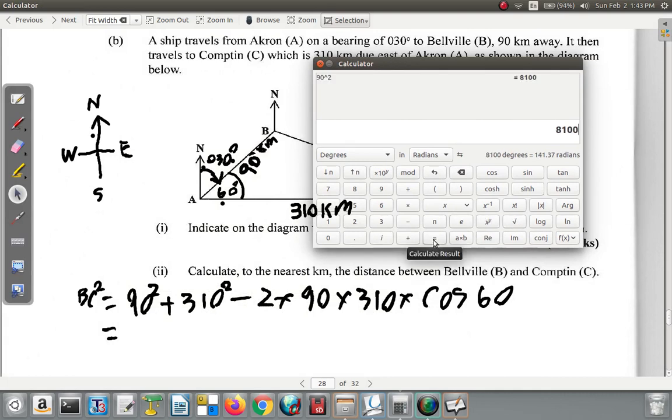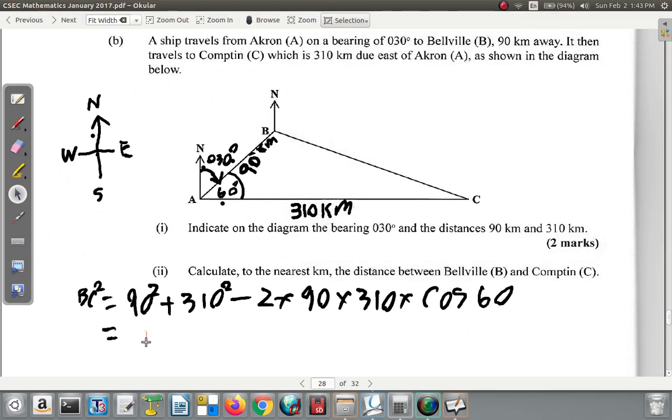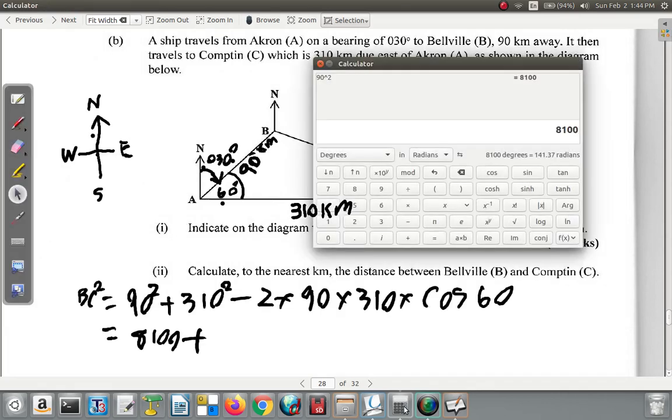90 squared is 8100. So 8100 plus 310 squared. We have 310 squared equals 96100.